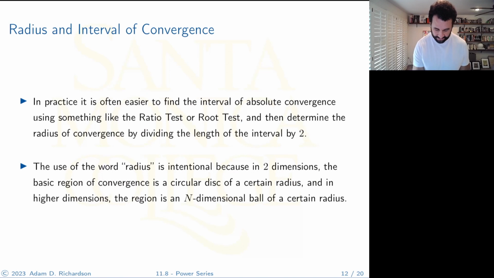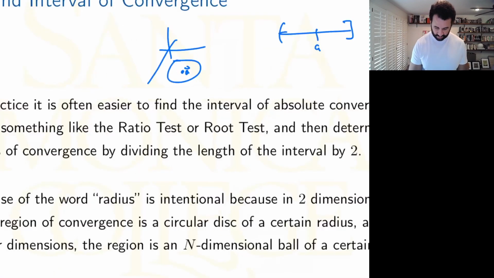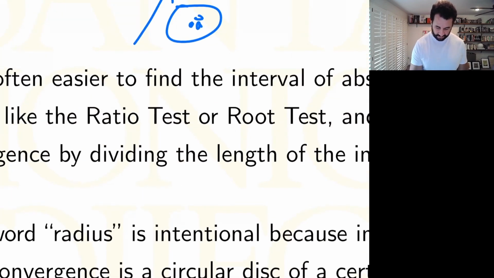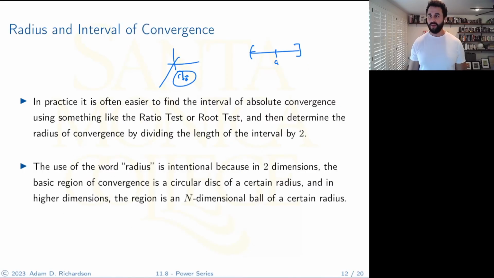Rather than looking at intervals centered at a, now you're going to look at literally a circle centered at some point. Let me zoom in a little bit. And then the radius of convergence is literally the radius of the circle. So that's why we call it a radius. If you think about what a one-dimensional circle is, it's just an interval, right? It's a flat circle.